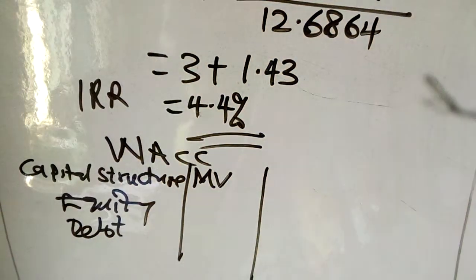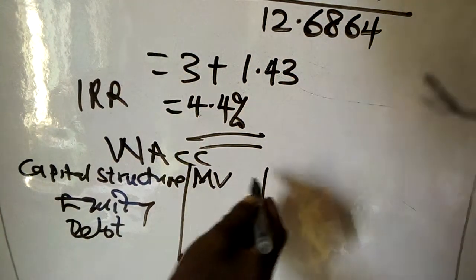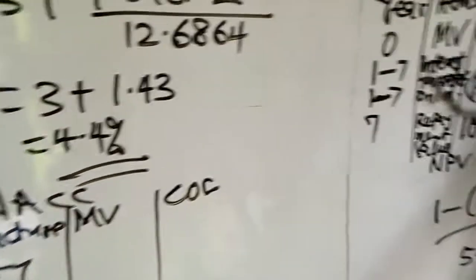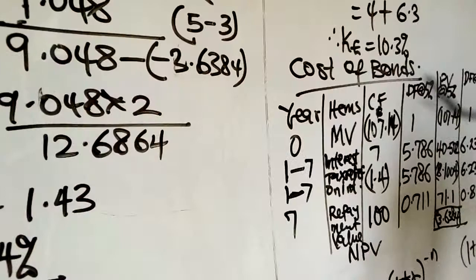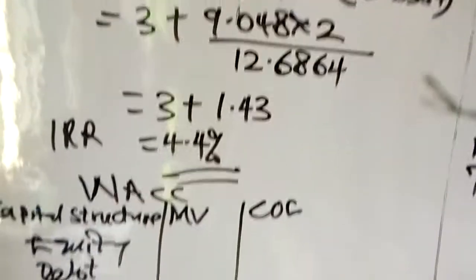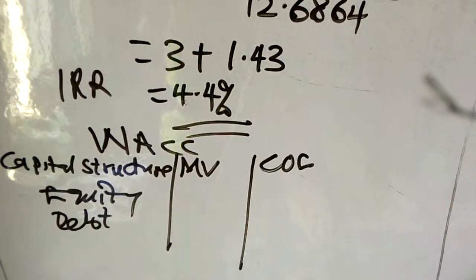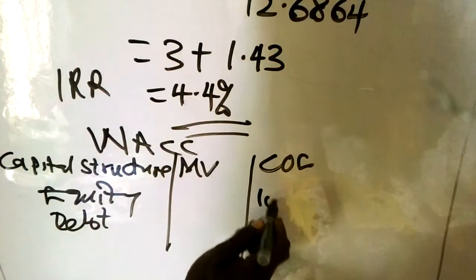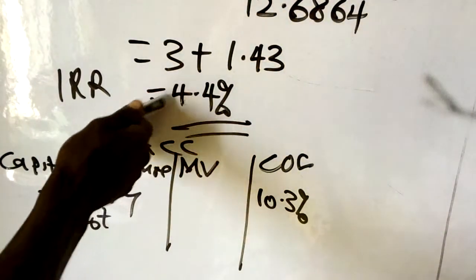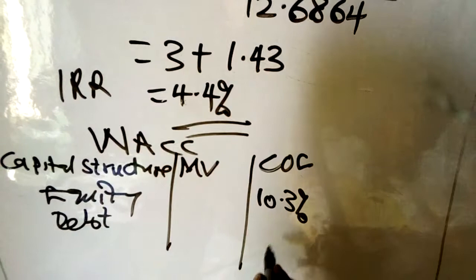How much is the market value? Then we also have the cost of capital. The cost of equity has been calculated and we got 10.3%. The cost of debt as calculated, we got 4.4%.